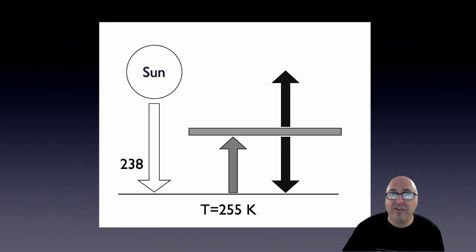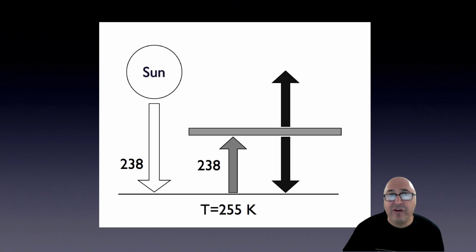This is the same reason it takes several minutes for water in a pot that you put on the stove to start boiling. This means that the instant after the atmosphere is added, the surface is emitting exactly the same as it was before, 238 watts per square meter.